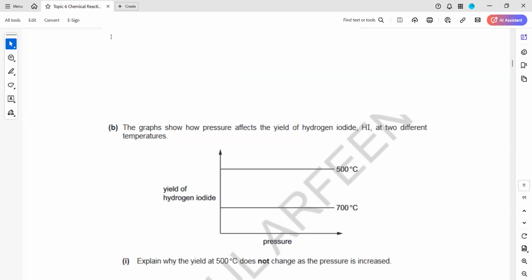If we have an endothermic reaction, and the overall reaction is exothermic. For endothermic reactions, if we increase the temperature, the equilibrium will shift towards the right hand side.